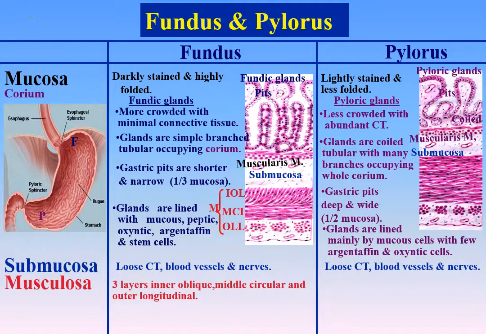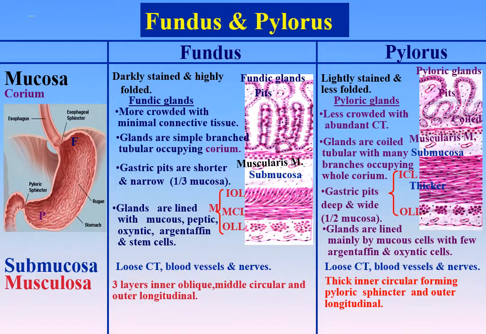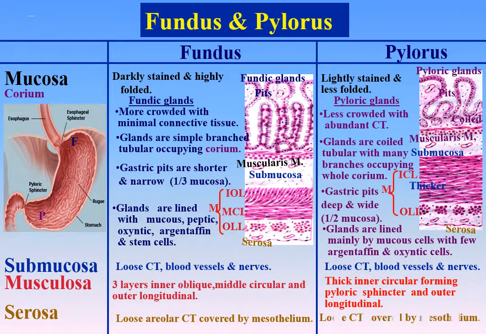Musculosa of the pylorus is thicker, made of an inner thick circular layer forming the pyloric sphincter and an outer longitudinal layer. Then serosa. Serosa of the fundus is similar to serosa of the pylorus, formed of loose areolar connective tissue covered by mesothelium in both.